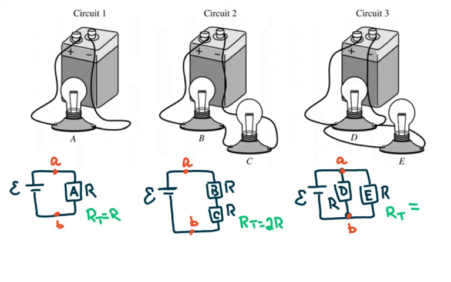For the parallel connection, there is a formula for the total resistance: 1 over the first R, in this case just R, plus 1 over the second R, is equal to 1 over R total. And then you calculate and find what the total resistance is.